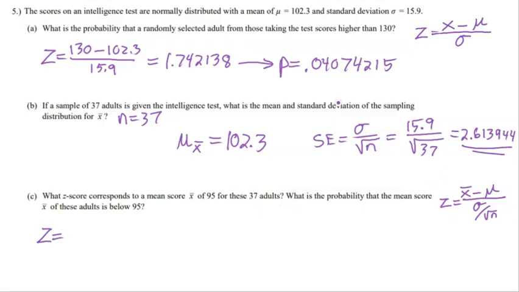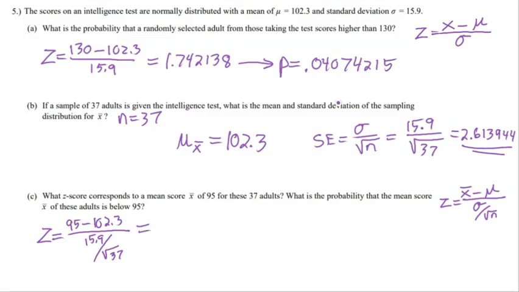So z is going to be equal to, they're asking what z-score goes with a mean of 95, so we're going to put 95 in for x bar. 95 minus mu, which is all the way at the top, 102.3, divided by sigma, 15.9, divided by the square root of 37.